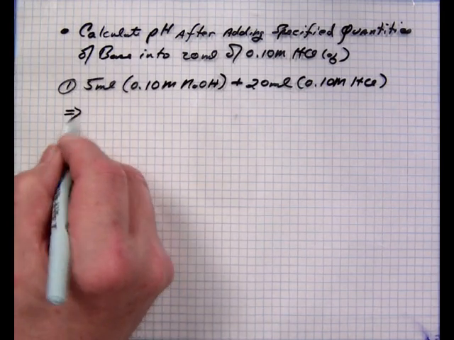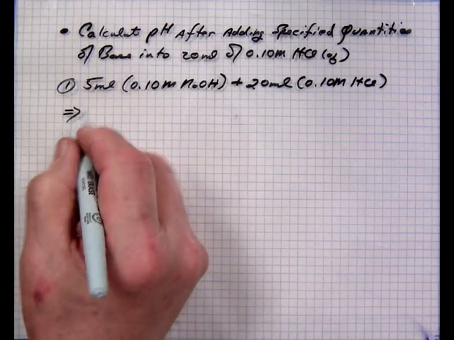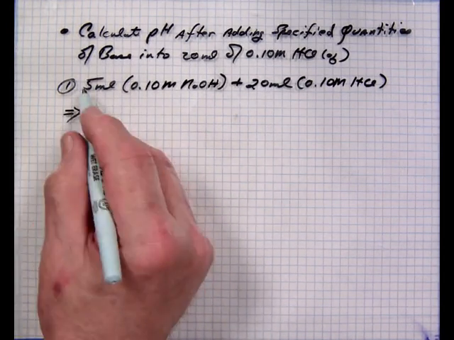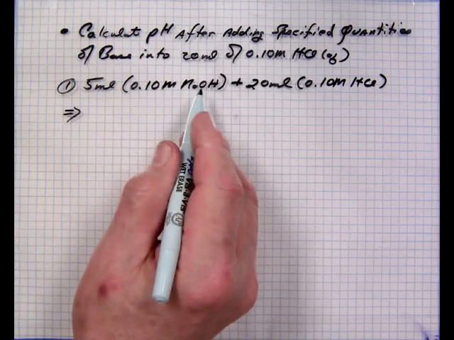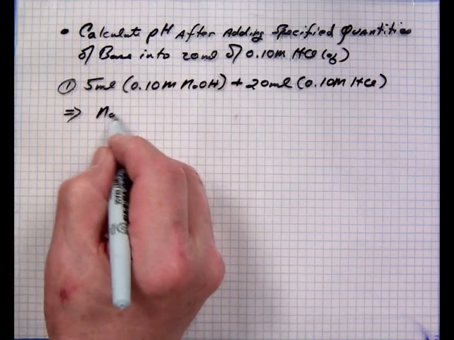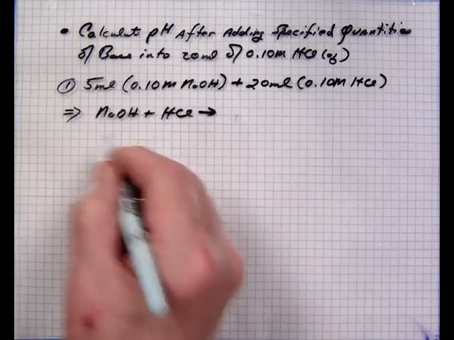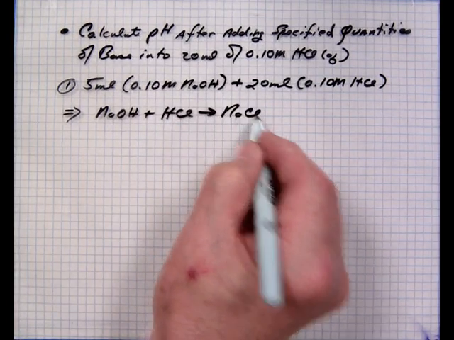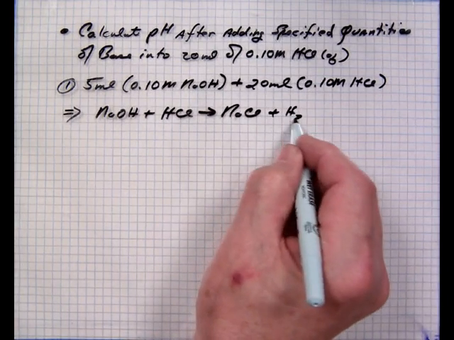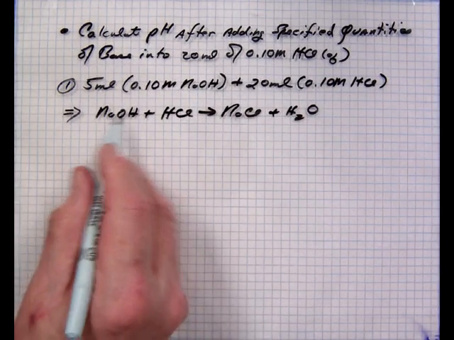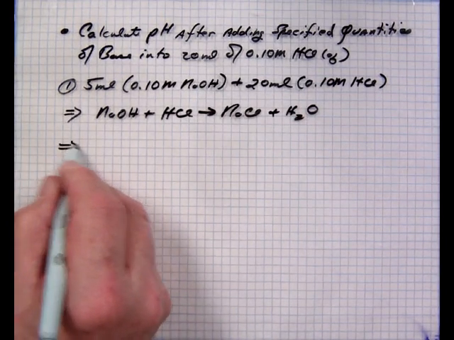Well, you need to convert that to moles in the following way. Molarity times volume in liters will give you moles of sodium hydroxide. Now, we know that sodium hydroxide plus hydrochloric acid is a 1-to-1 reaction ratio to produce sodium chloride plus H2O. So we want the number of moles of sodium hydroxide.